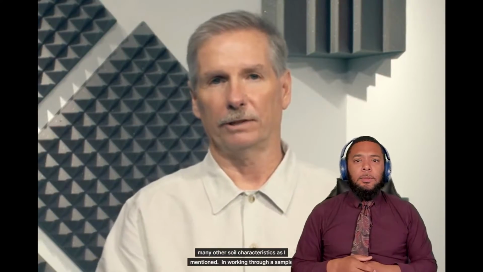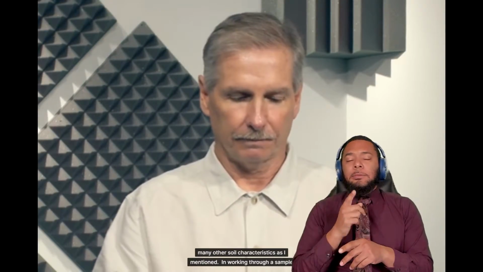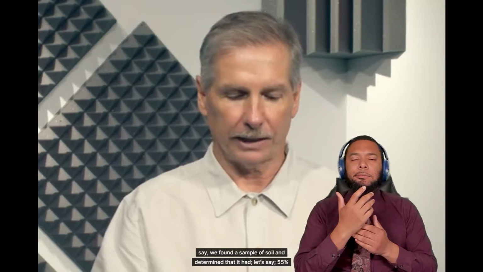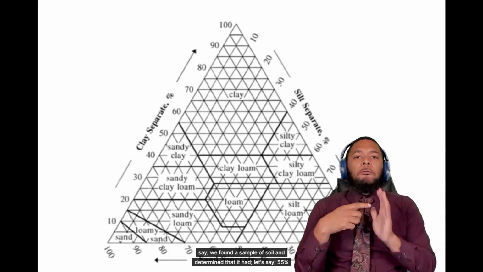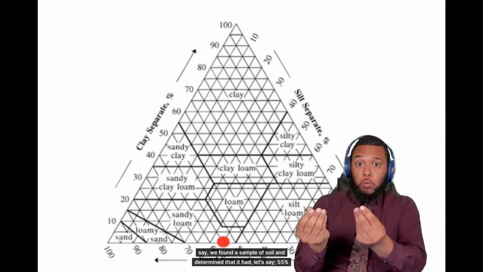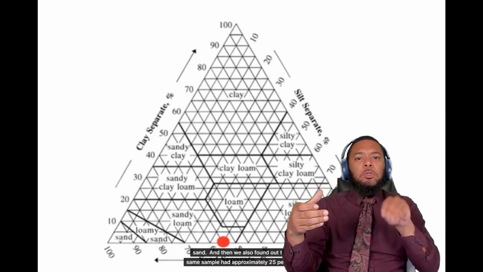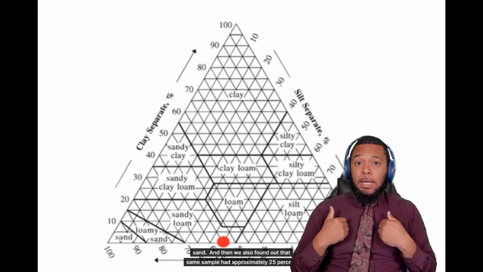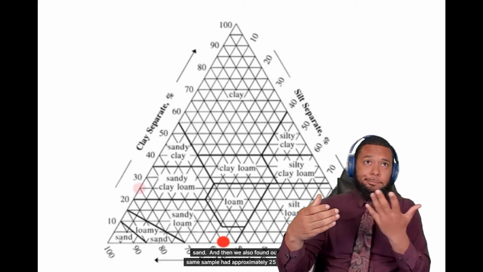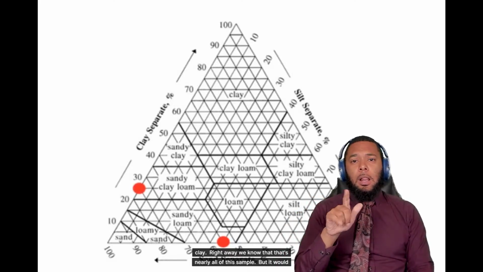Soil texture has a great deal to do with many other soil characteristics, as I mentioned. In working through a sample, say we found a sample of soil and determined that it had, let's say, 55% sand. And then we also found out that the same sample had approximately 25% clay.